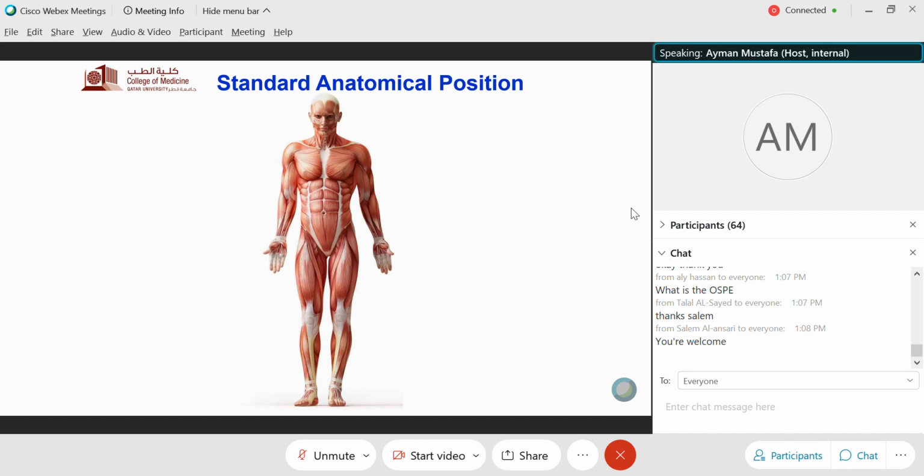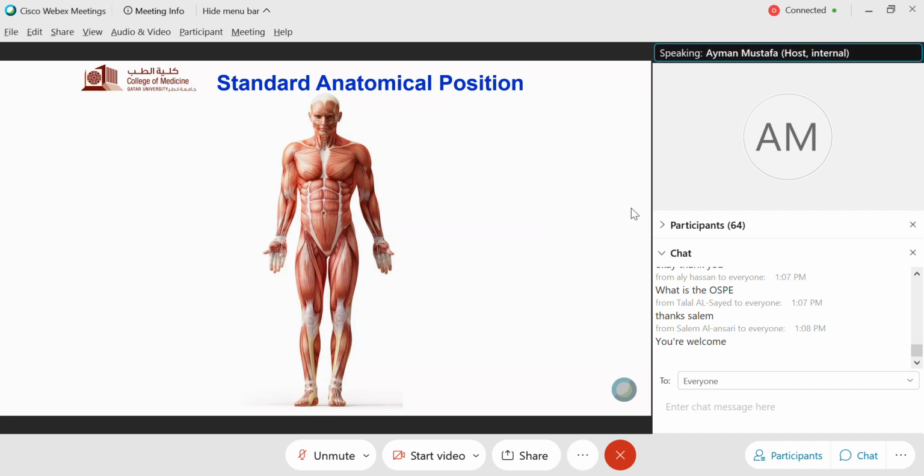Okay, so the first concept we need to learn and we should understand is the anatomical position. It's the way we visualize the human body in our mind when we are describing the relationship of organs and structures to each other. So we have criteria that need to be fulfilled to achieve the anatomical position.